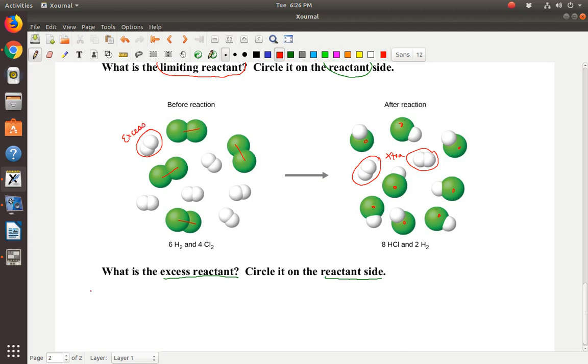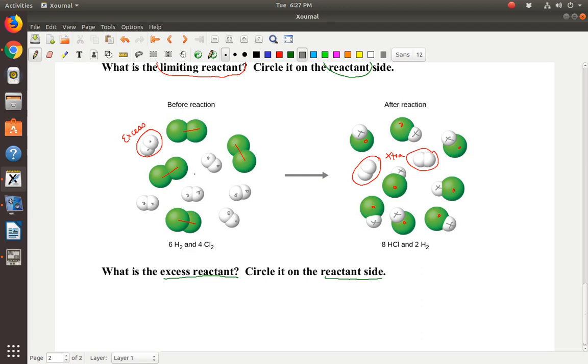The hydrogens. I have too much hydrogen. It does not all get used. Some of it gets used. So let's count that. We have 1, 2, 3, 4, 5, 6, 7, 8, 9, 10, 11, 12 hydrogen atoms. And over here, how many get used? 1, 2, 3, 4, 5, 6, 7, 8 of them get used.